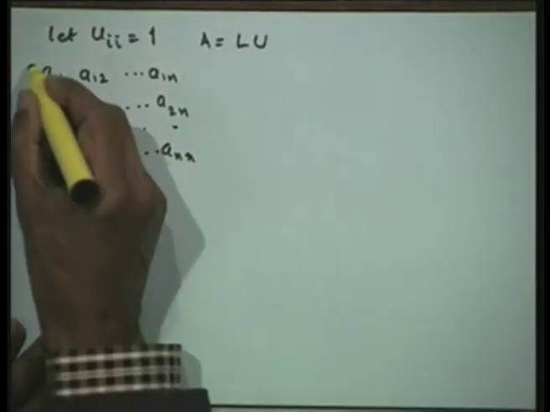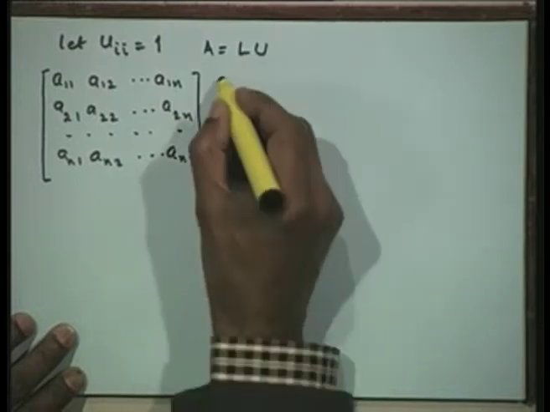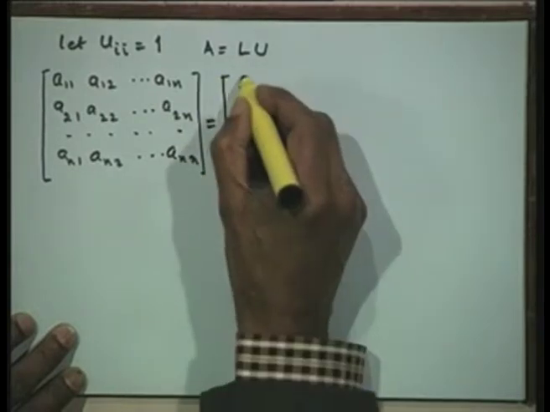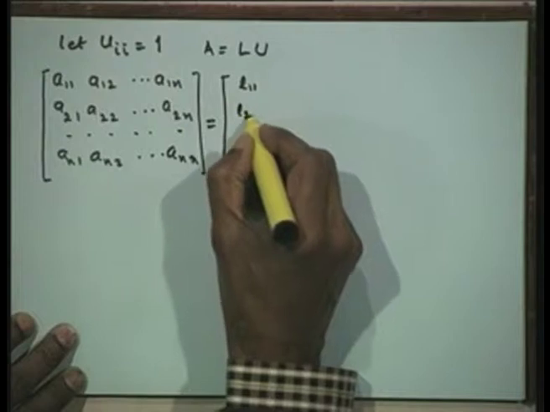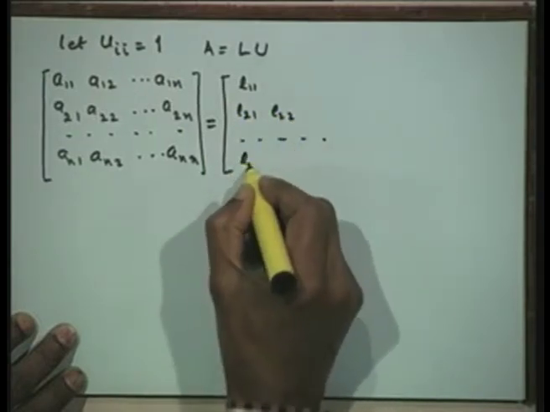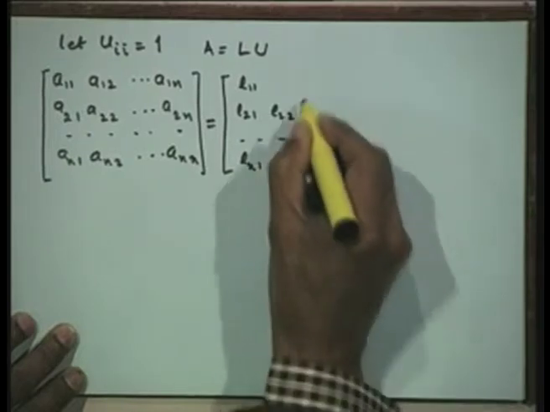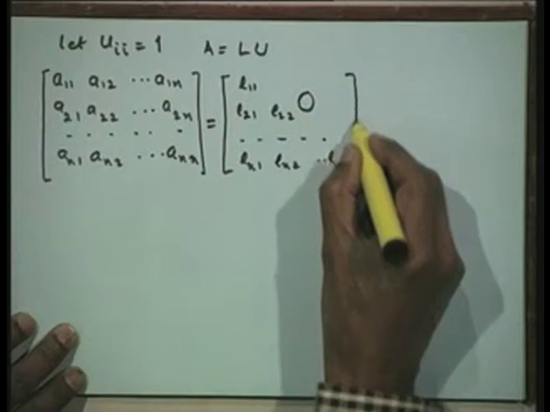This is our given matrix A. Then I write the product as L11; L21, L22; and so on, Ln1, Ln2, ..., Lnn. These are all zeros.